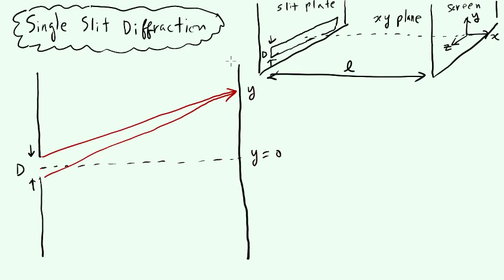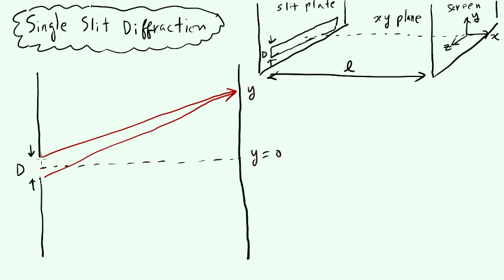Now, first of all, let me have some comments here. A single slit problem is actually a difficult problem in general. Why is this? Because materials actually modify the electromagnetic field around them because of the interaction between light and materials.